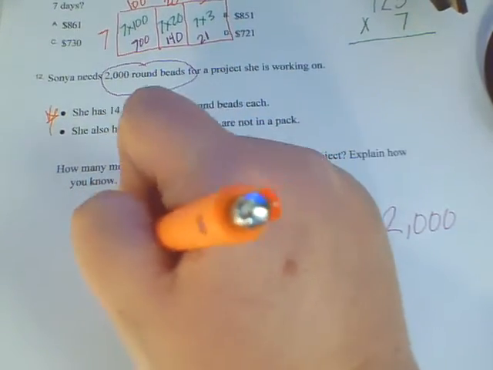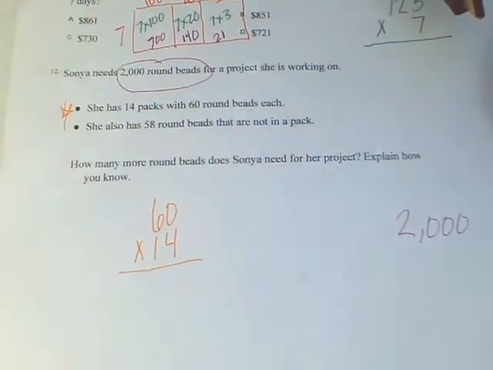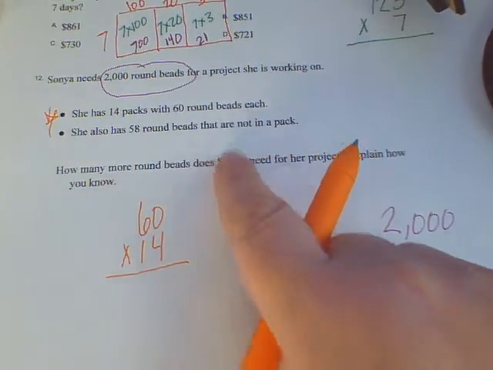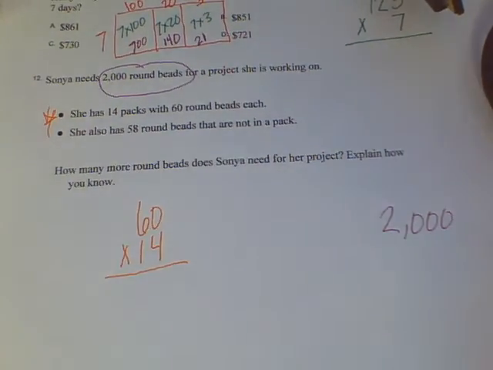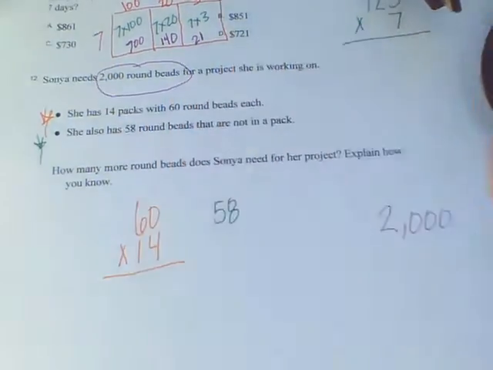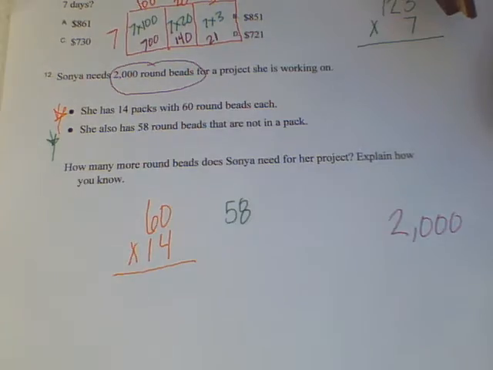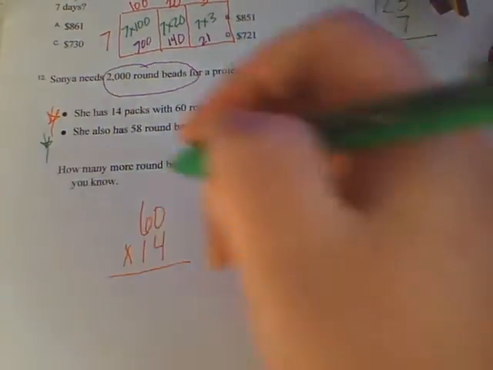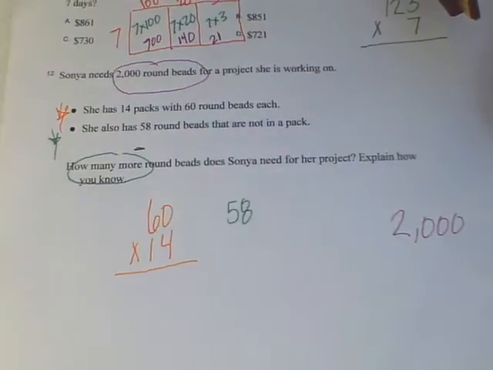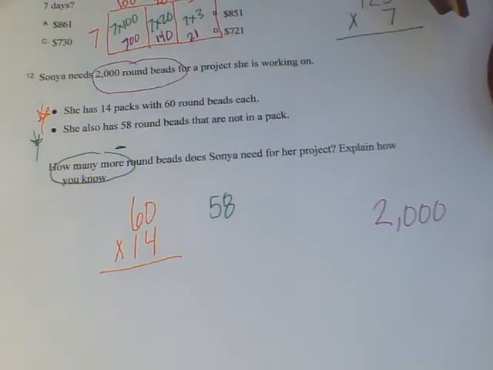Well, that's going to be 60 times 14. She also has 58 round beads that are not in a pack. So she also has just an additional 58 round beads that are just hanging out there. Okay? I need to know how many more, which is always subtraction, does she need for her project.